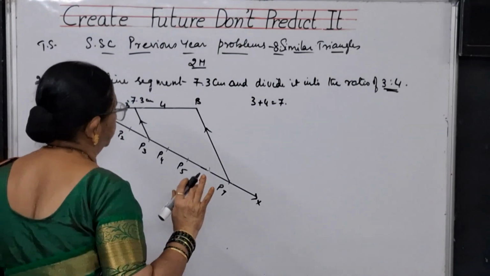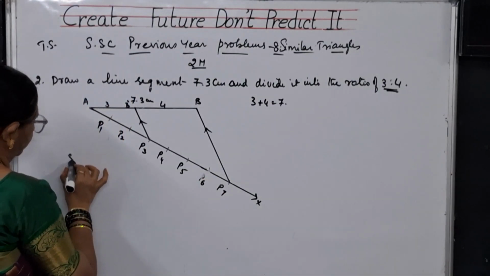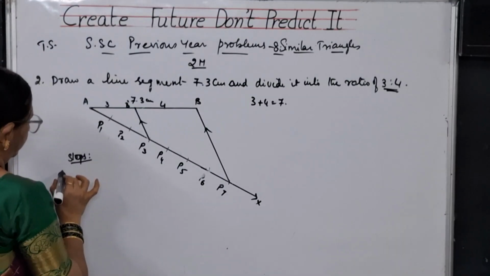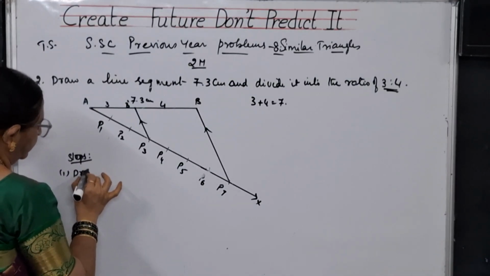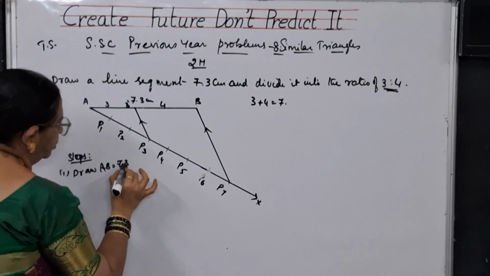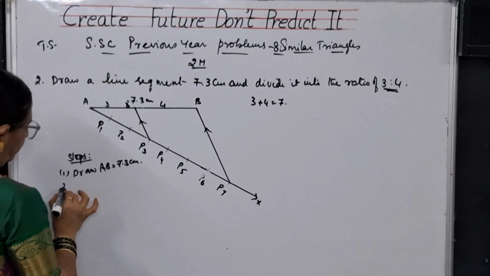Now let me talk about the steps of construction. What are the steps? First point, draw AB equal to 7.3 centimeters.